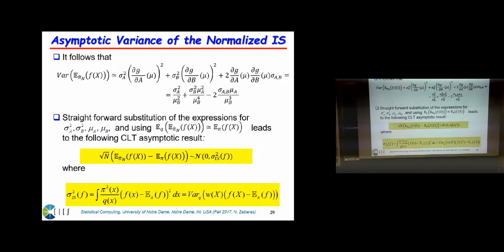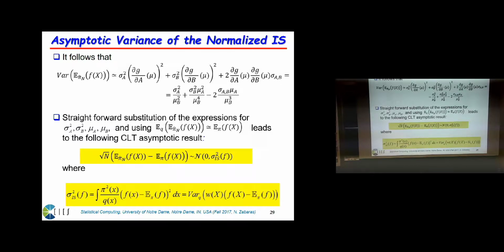But I'm going to come back to this and correct it. But the variance, I hope I did not mess up the notation there. The variance of the estimator, when you plug in everything in here, looks like this.